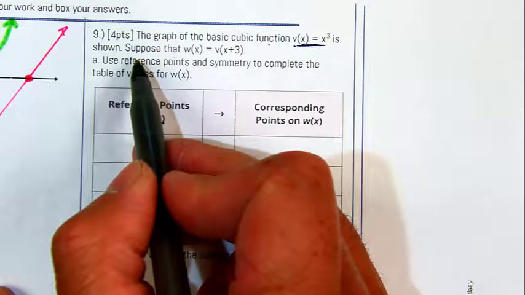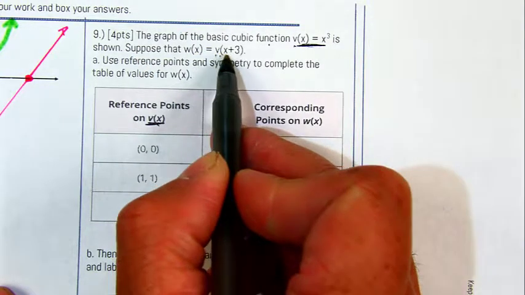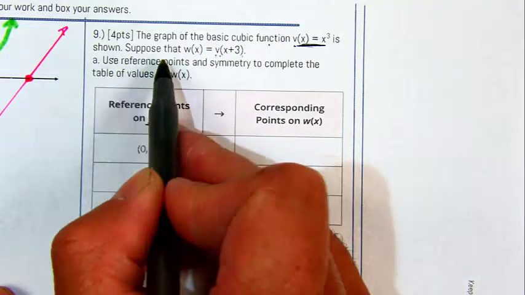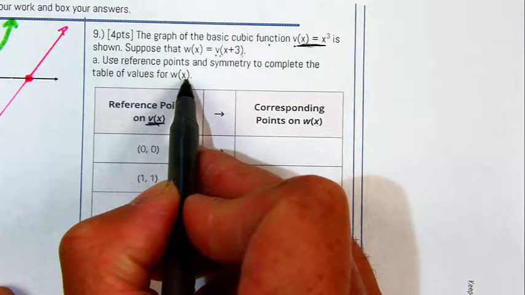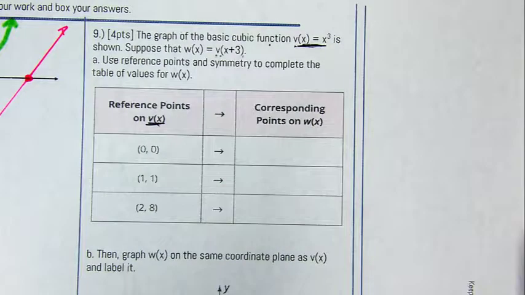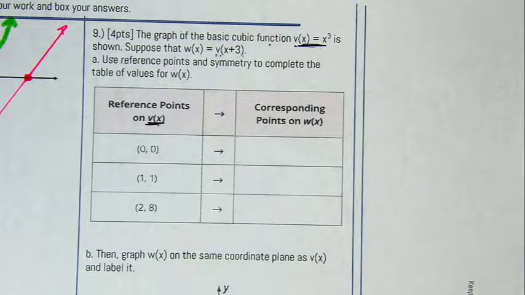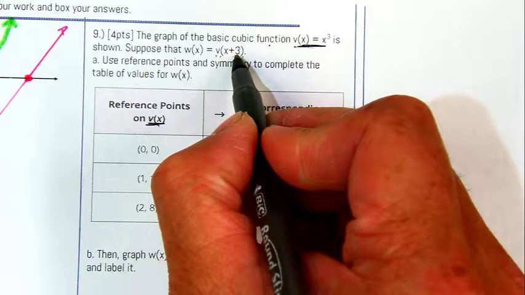Suppose that w of x is the function of v, but you have x plus 3. Use reference points and symmetry to complete the table of values for w of x. This problem here is referencing transformations. And notice the number 3, and I compare it to my transformation.